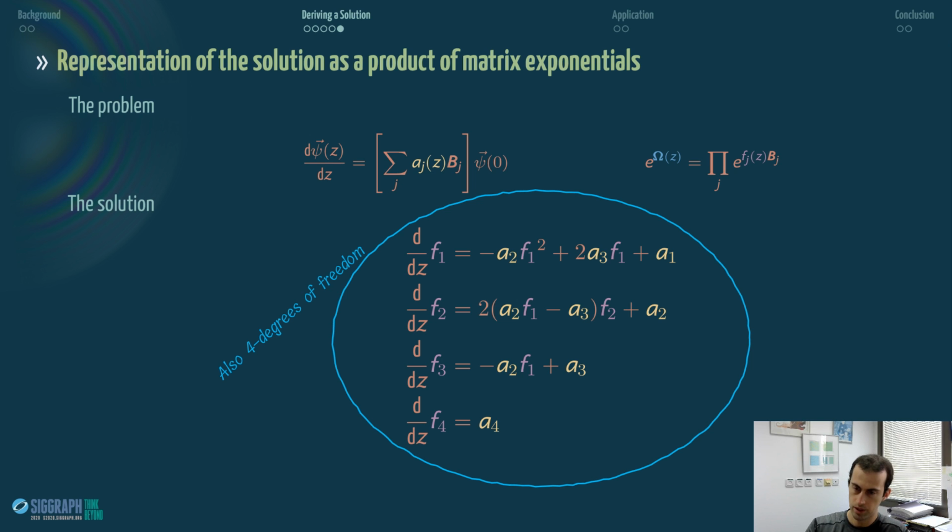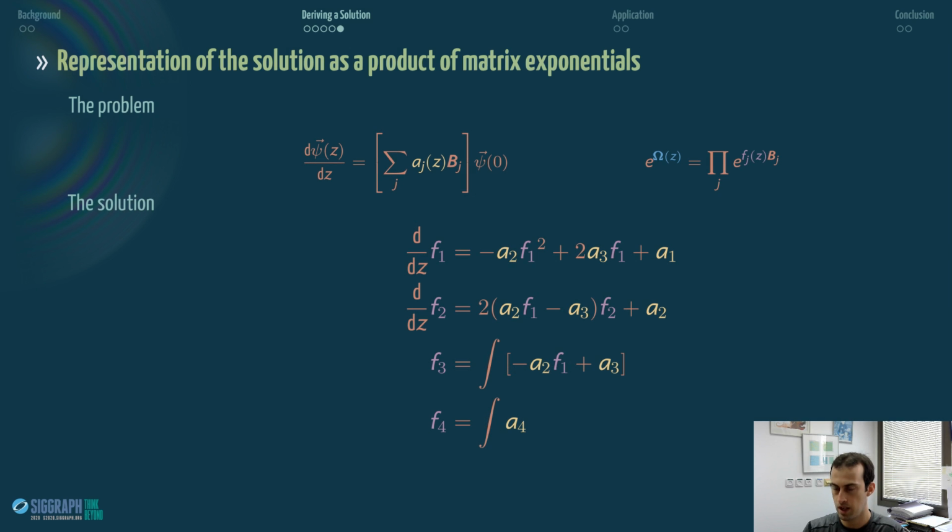So those scalar ODEs are tamer beasts, so to speak, compared to their operator-valued counterparts. And do notice that the final two ODEs are separable. Therefore, 2 degrees of freedom have already been reduced to easier integration problems. We are left only with a linear scalar ODE and a more problematic quadratic Riccati ODE.